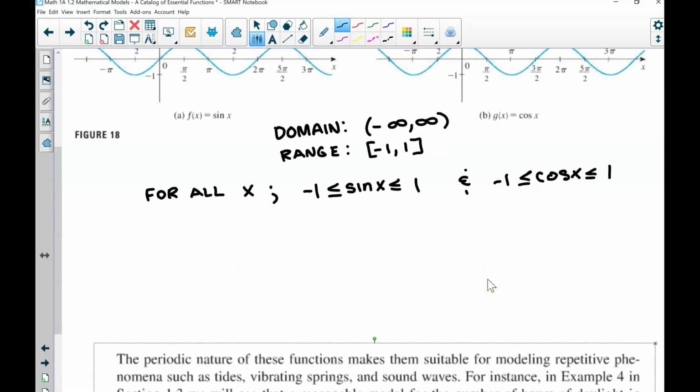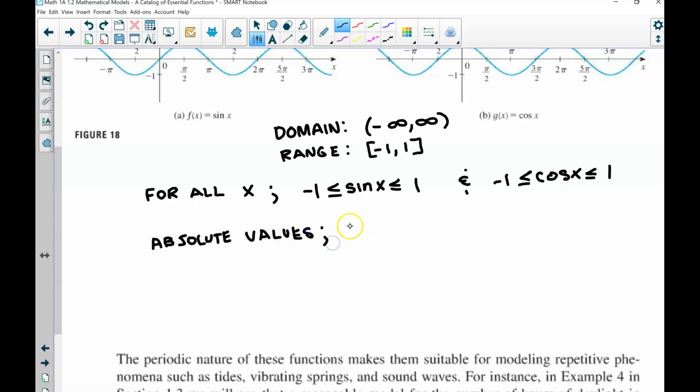Okay, in terms of the absolute value, the absolute value of sine of x is less than or equal to 1. And the absolute value of cosine of x is also less than or equal to 1.